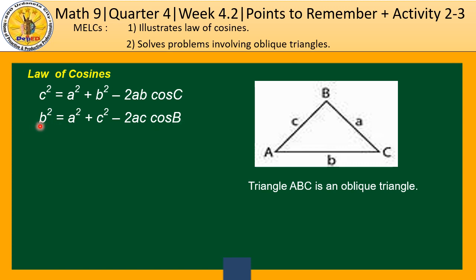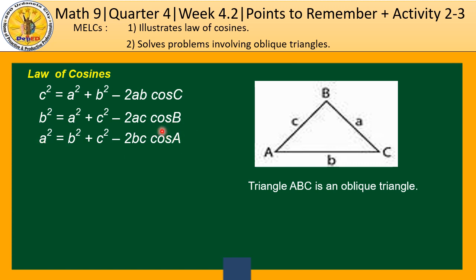So if this is side b, this is angle B. And lastly, if we are looking for side a, then a squared is equal to the remaining two sides, b squared plus c squared minus 2bc, times the cosine of the angle across side a, which is angle A.